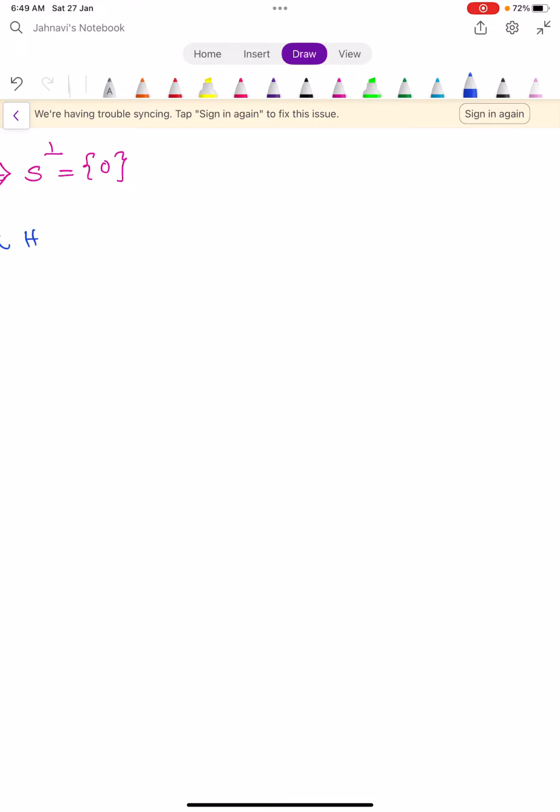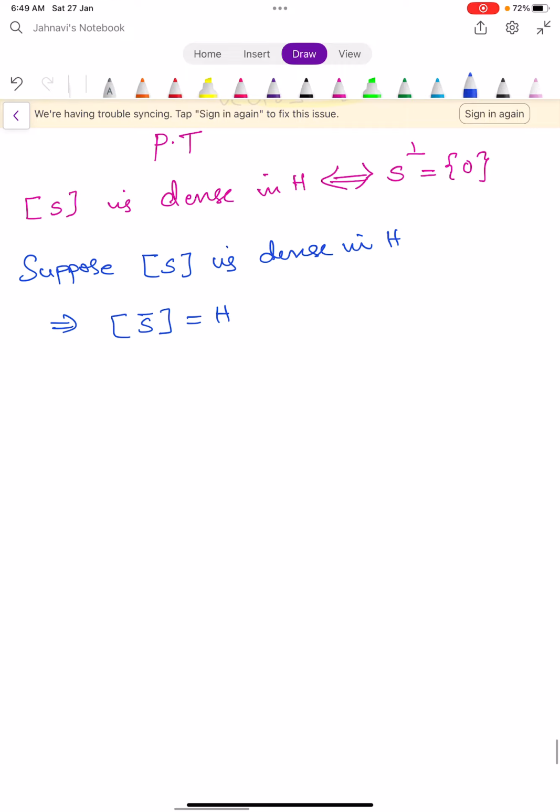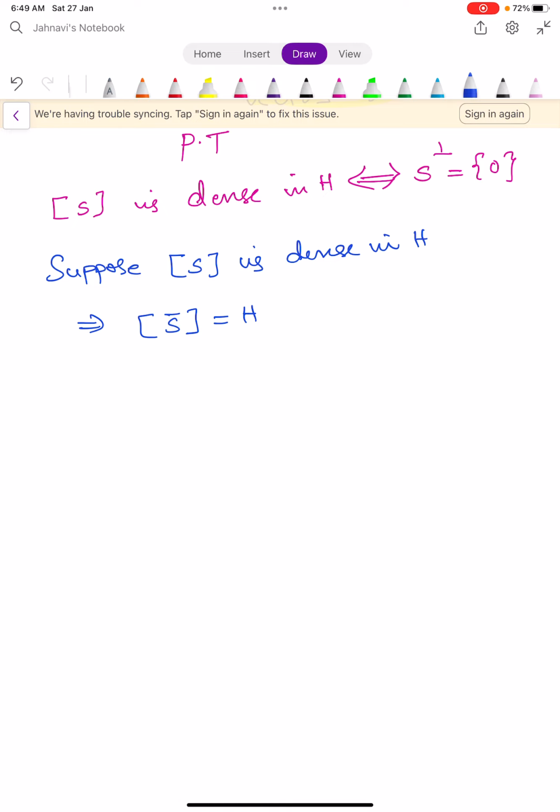Remember this property? Capital A is dense in X if and only if the closure of A is equal to the full space capital X. So here also we assume that box S is a dense set in capital H. So box S bar is equal to capital H. What does it mean?